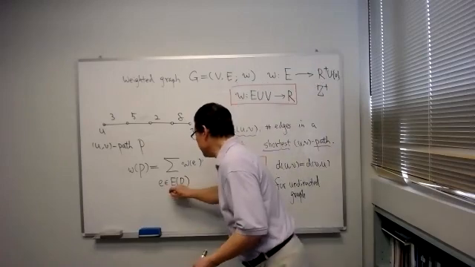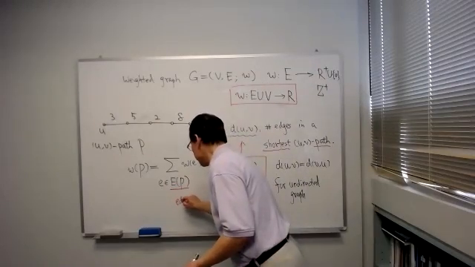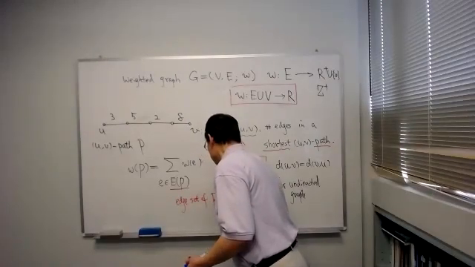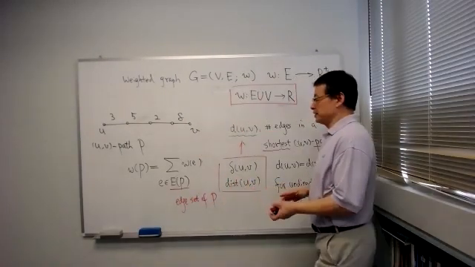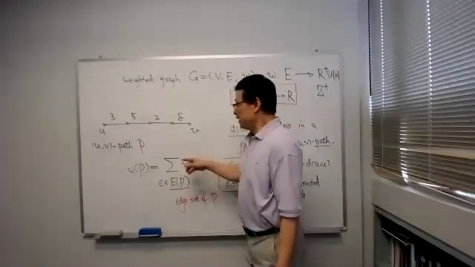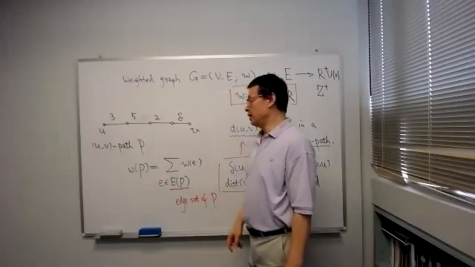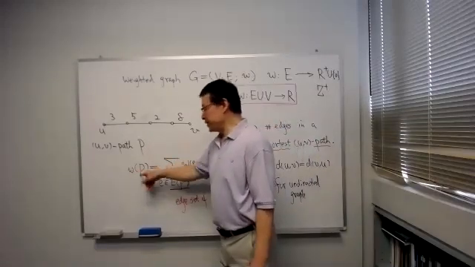The weight of a path is defined as the sum of weights on edges of P, where E(P) denotes the edge set.